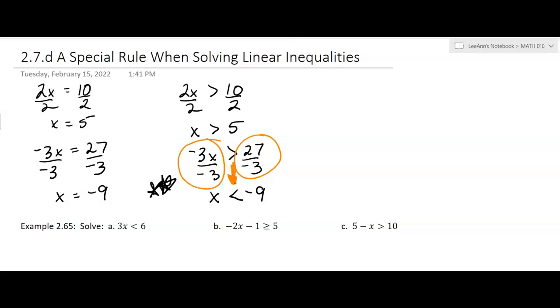Now why is it? The rule is if you multiply or divide by a negative number, you have to switch the inequality. I'll write it now. If you multiply or divide by a negative number, then you have to switch the inequality the other direction.